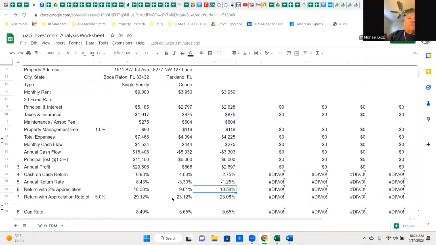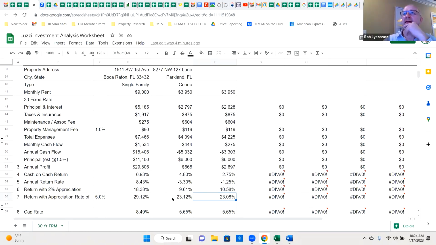It gives us a 10% annual return with appreciation and amortization, and look at this, the return with an appreciation rate of 5% is almost even. So it does all the math for you.